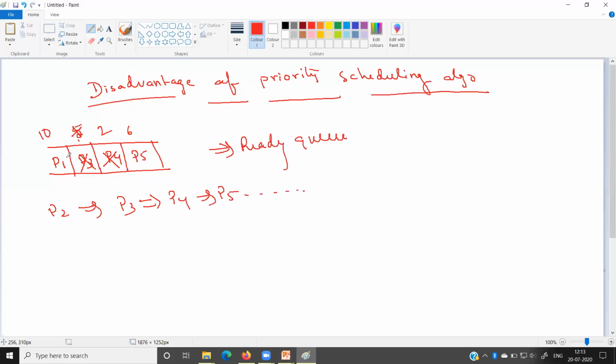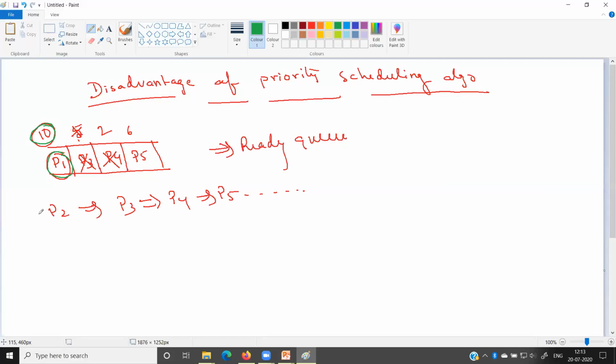So you can observe that as the priority of P1 is very low, P1 is never getting the chance for execution. P1 will wait. And how long will it wait?